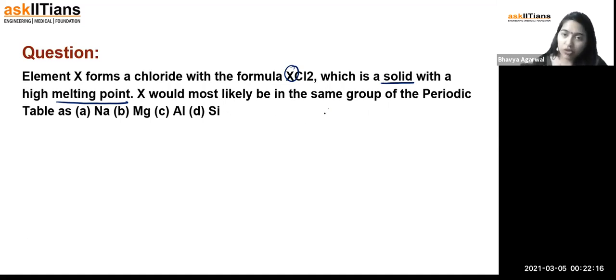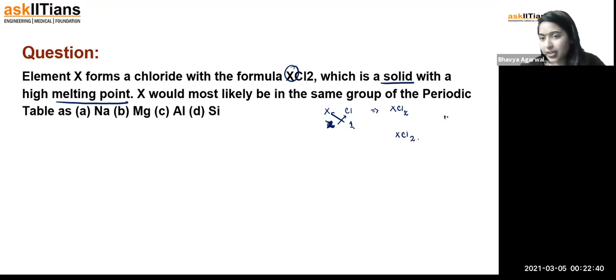Since chlorine's valency is 1, let's say the valency of the element X is Z. So the formula would become XClZ. If I compare it with the compound which is already given, can I say that Z is equal to 2? Or the valency of the element X is 2.